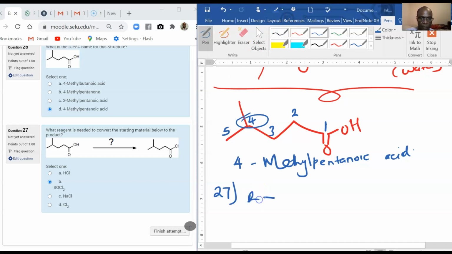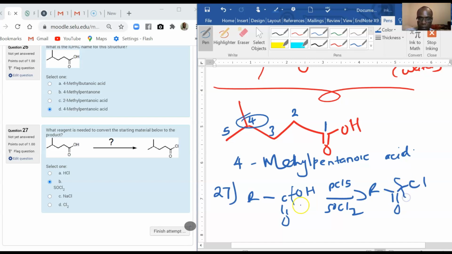So if you have a carboxylic acid, you can use PCl5, you can use SOCl2 to convert the OH to the Cl, to replace the OH here with a Cl to make what we call an acyl chloride. Okay, so that was it.